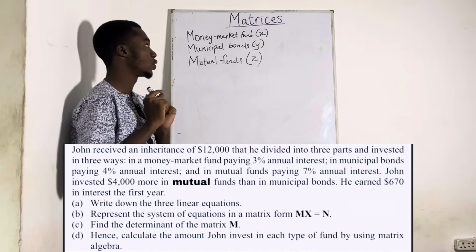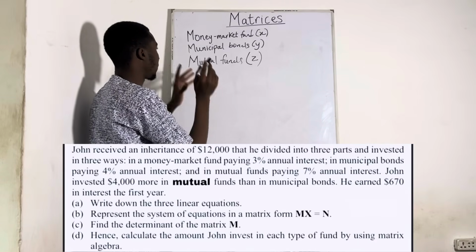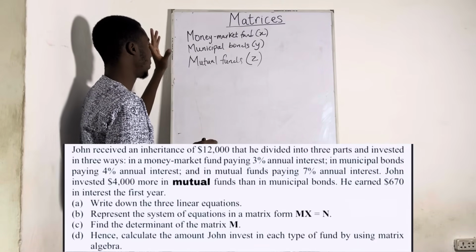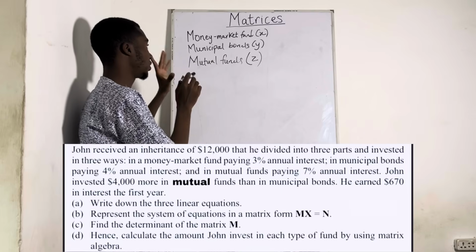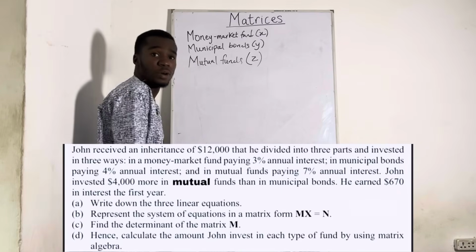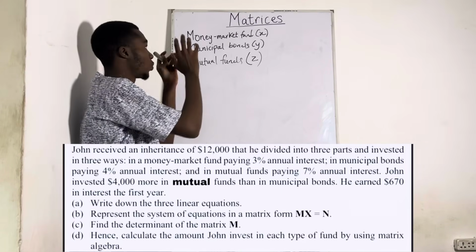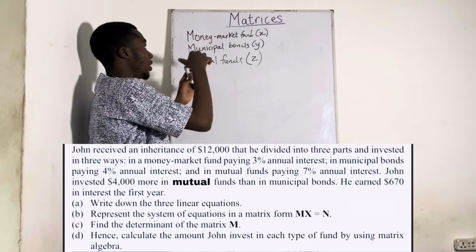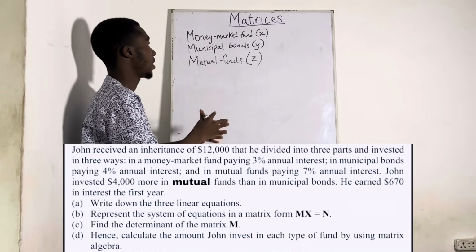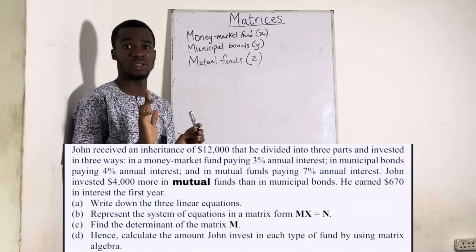You get it? So we can say that money market fund plus how much he invested into the municipal bonds plus how much he invested in the mutual funds will be equal to 12,000, because that's the money he got. So he invested part into this, this, and this. And when you add, you are getting $12,000. I hope you get it.